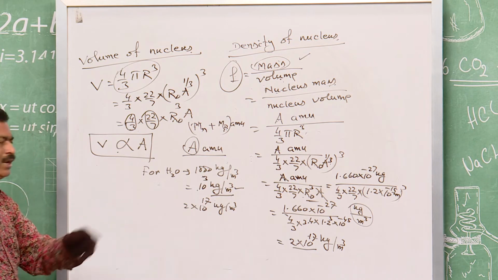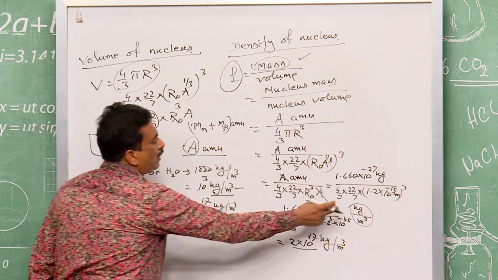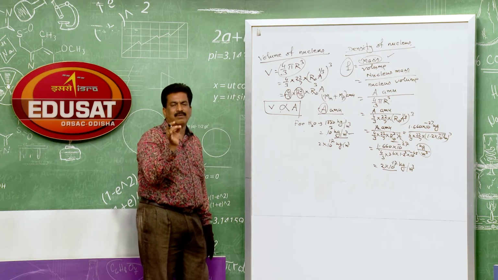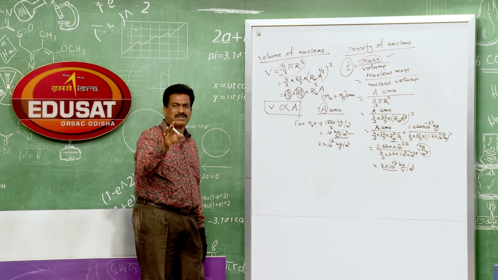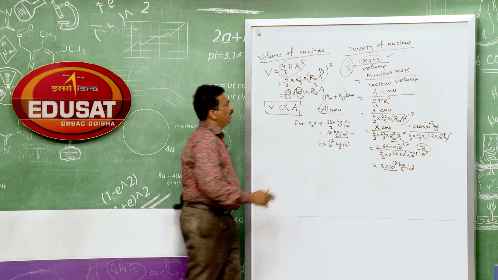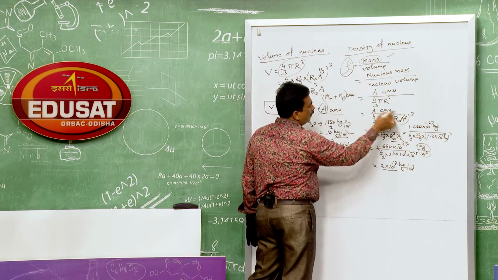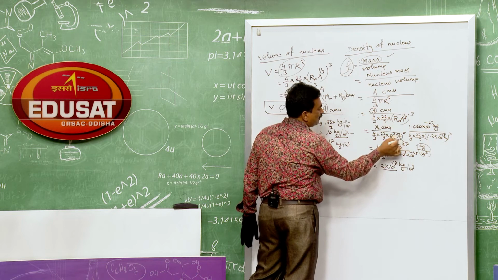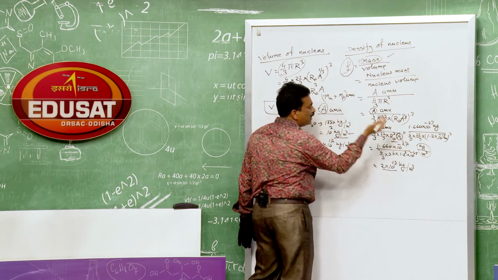of any element is independent of its A, whether that is hydrogen or neon or oxygen or uranium or thorium, whatever it may be. You see, the density never depends upon the A. Here the A is there, but now it becomes another A, so this A cancels.